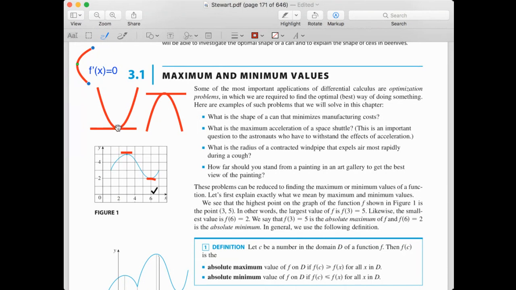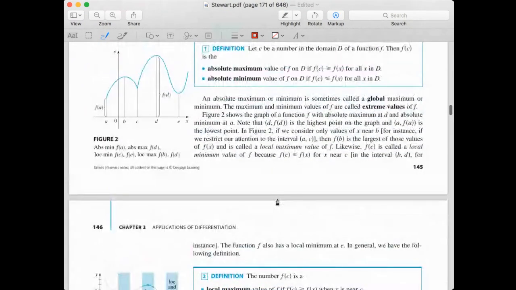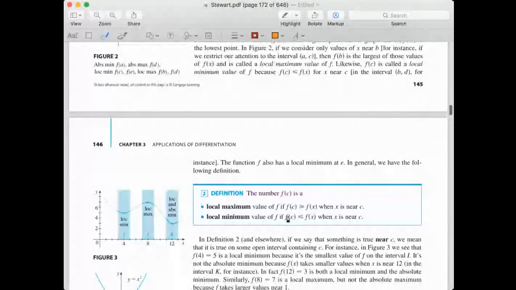Similarly, the minimum is the value less than or equal to any other y value. So this is absolute. A local maximum or local minimum is relative: it's relative to an interval, relative to near a number.